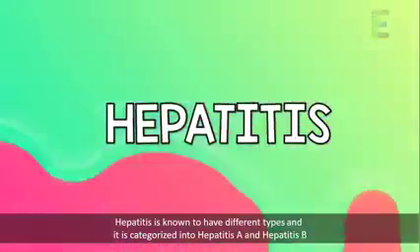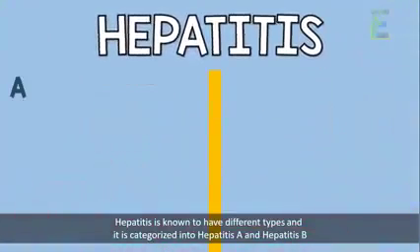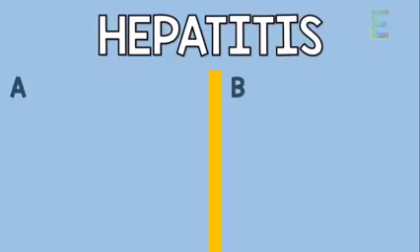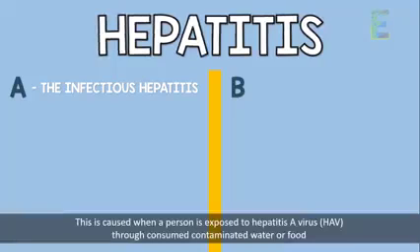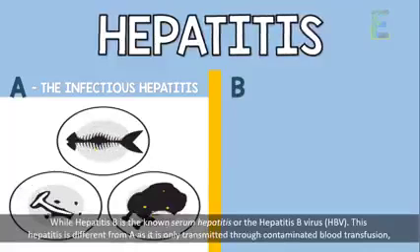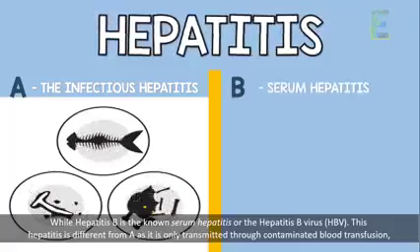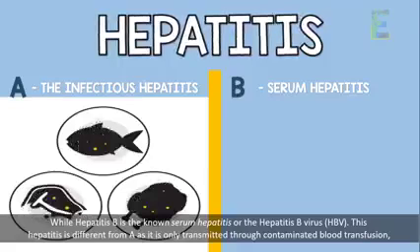Hepatitis is known to have different types, and it is categorized into hepatitis A and hepatitis B. Hepatitis A is also known as infectious hepatitis. This is caused when a person is exposed to the hepatitis A virus, or HAV, through consumed contaminated water or food, while hepatitis B is known as serum hepatitis, caused by the hepatitis B virus, HBV.